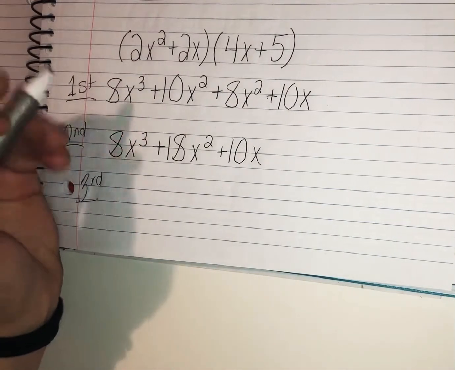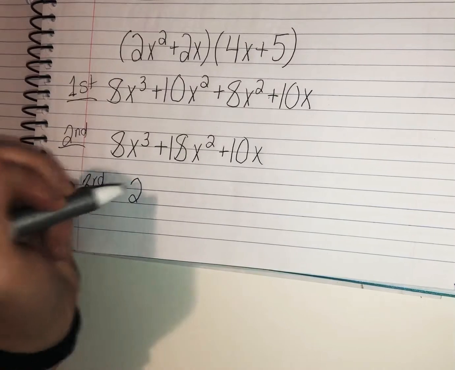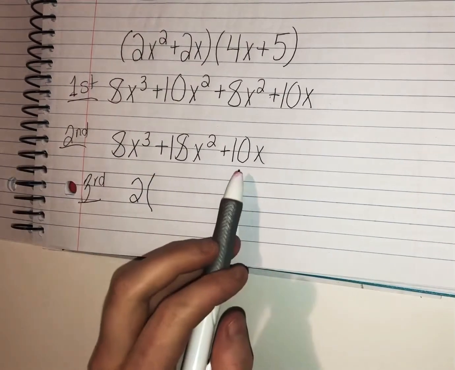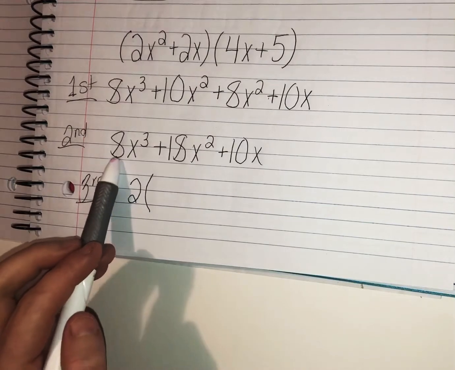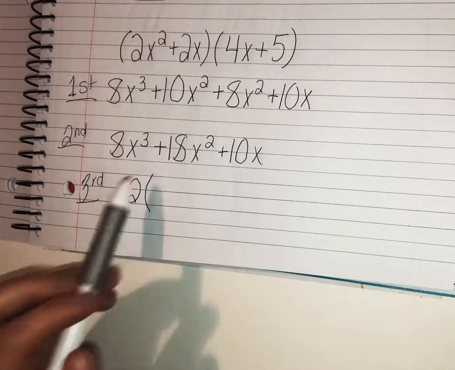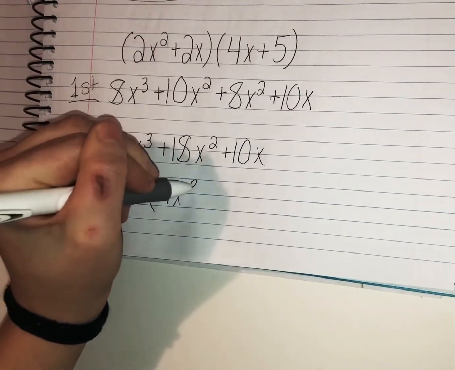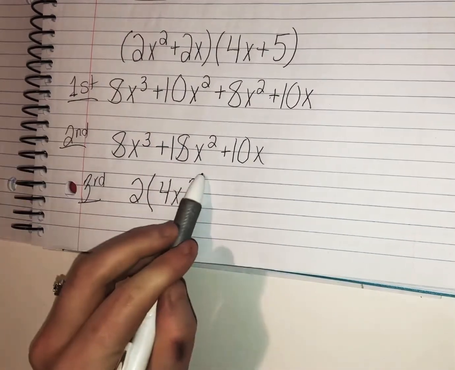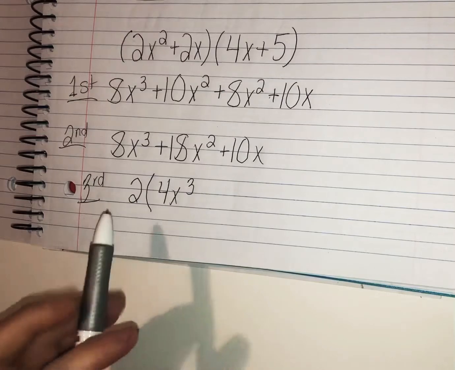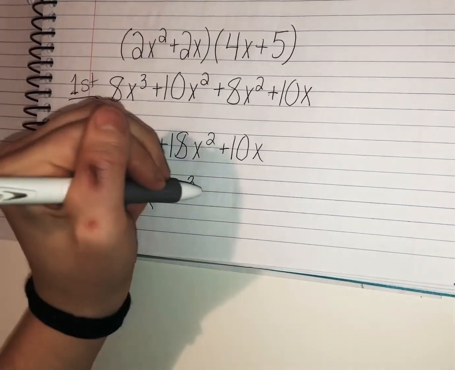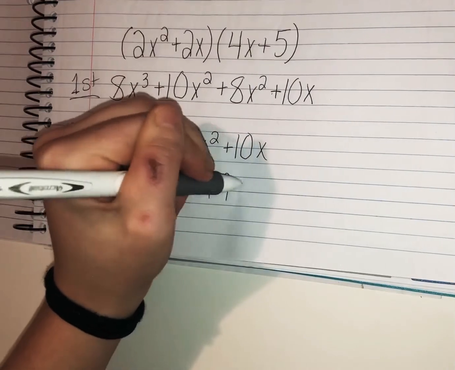And how we write that is we put a 2 and then a parenthesis. So I'm dividing by 2 for each of these terms. So 8x to the third power divided by 2 is simply 4x to the third. 18x to the second power, divided by 2, will give us positive 9x squared.